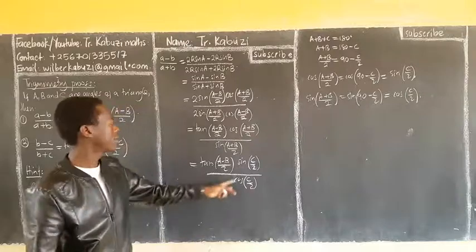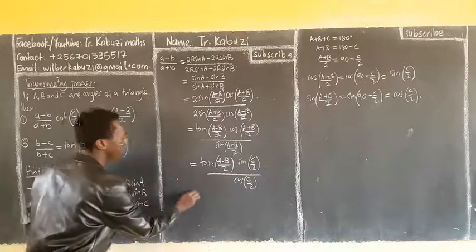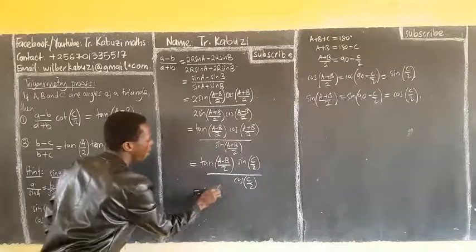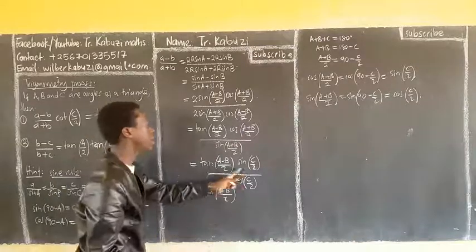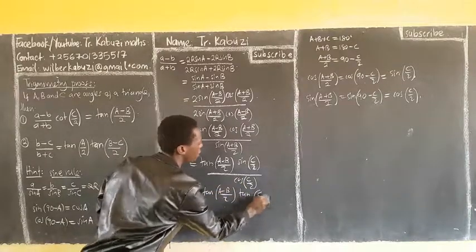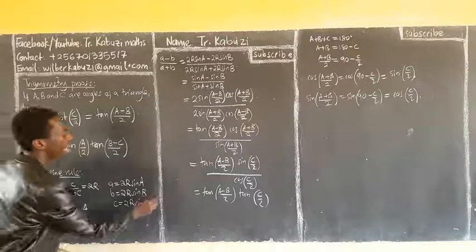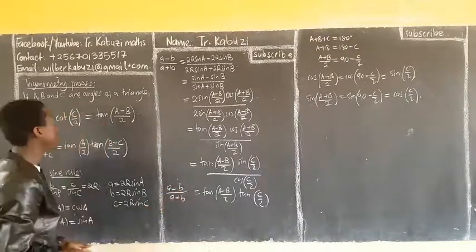Now you see this one, sine C over 2 over cos C over 2. Then sine over cos, we get tan C over 2. Now this side I have a minus b over a plus b. Now this is my proof.